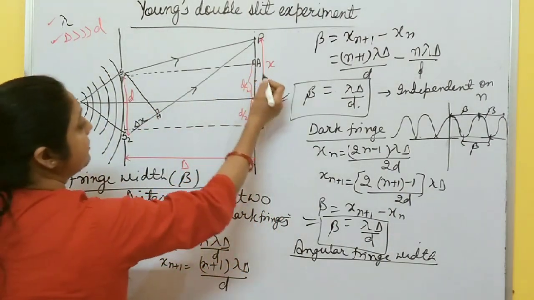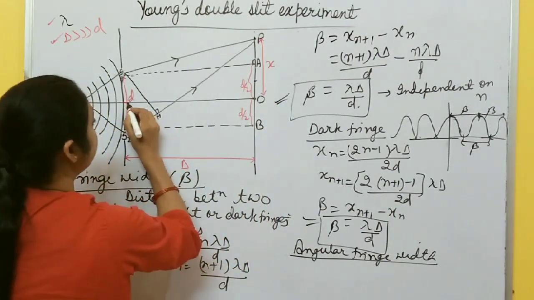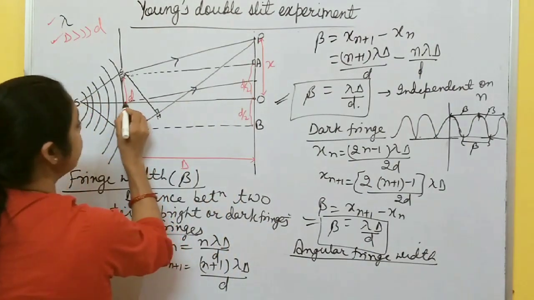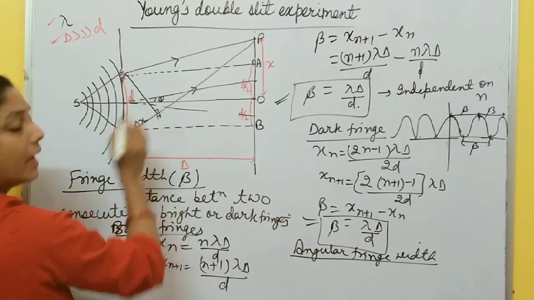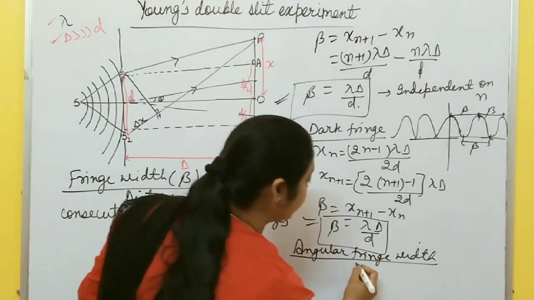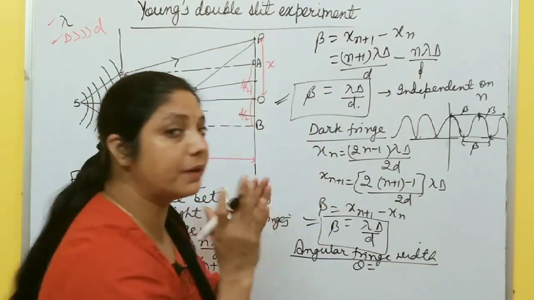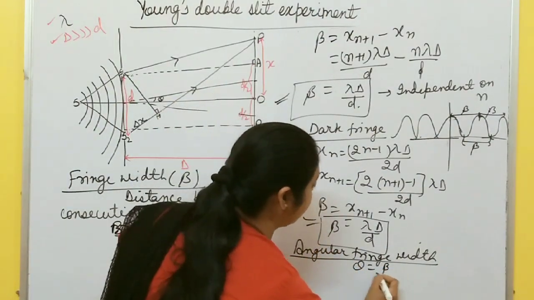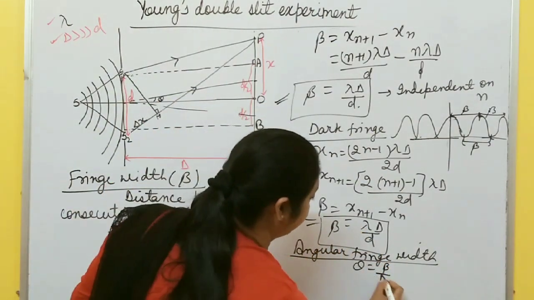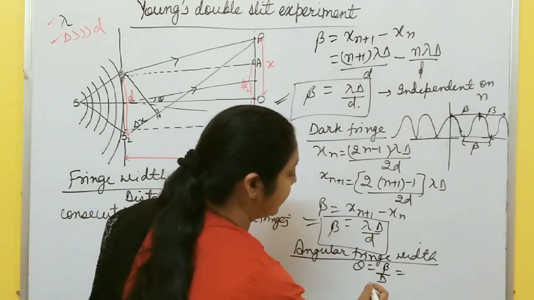But suppose the first bright fringe is formed at this point, so from the center, this angle is theta. This angle theta is the angular fringe width, and it says the separation between the bright and dark fringes is the same. So we always take the angular fringe width as beta by this capital D. So beta is lambda capital D by small d.